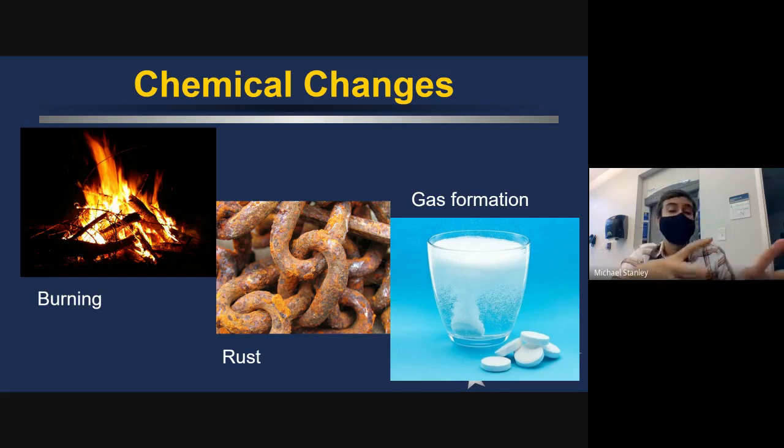Whatever you start off with is different than what you end up creating at the end of this change. So that's the biggest difference between the physical change and the chemical change. Physical change, your starting and ending products are the same. Chemical change, your starting and ending products are different. You're creating something new, something that was not there before.